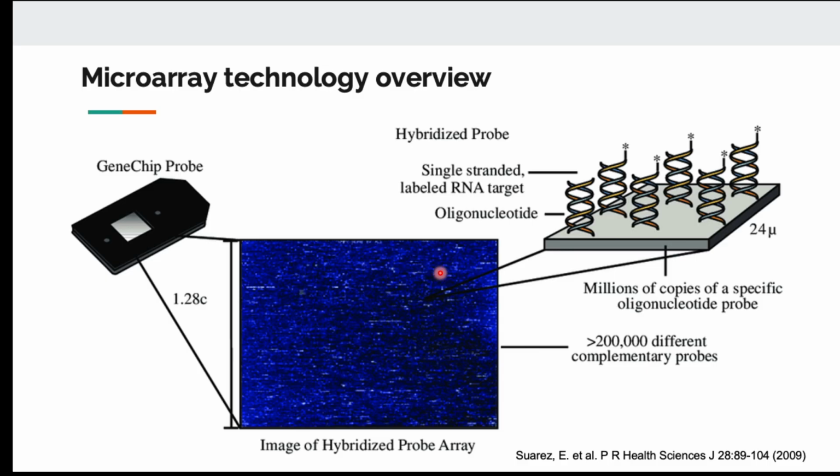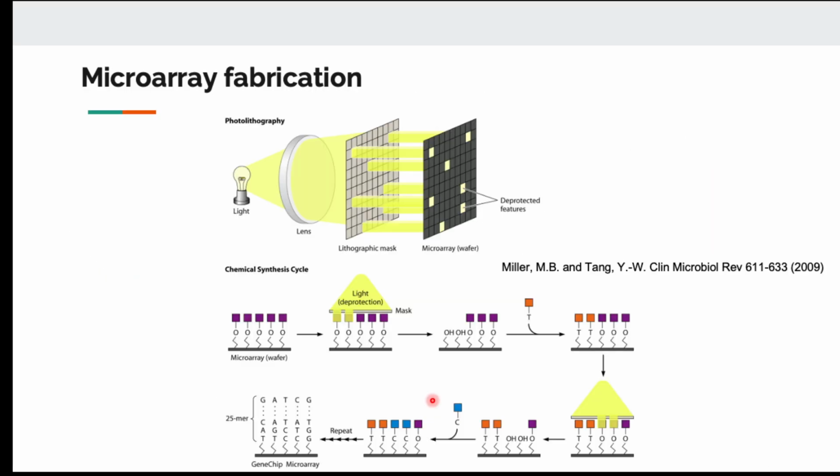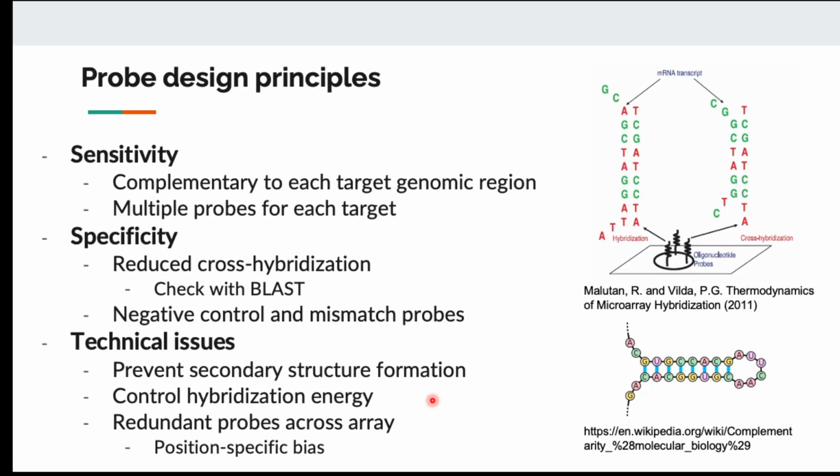So in the design of the microarray, they're going to incorporate some redundancy. So we're going to put maybe the same probe at multiple locations on the chip. And then we can average the signal so that we get a better, more confident measurement. So we can put the redundant probes on the array.